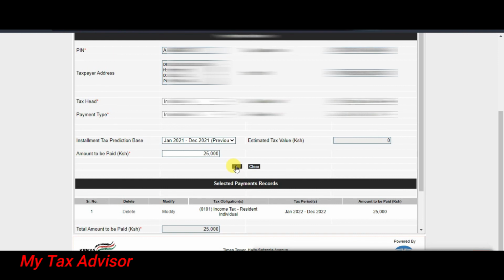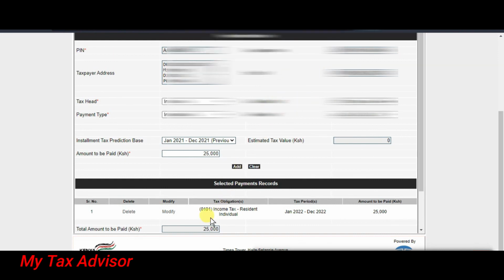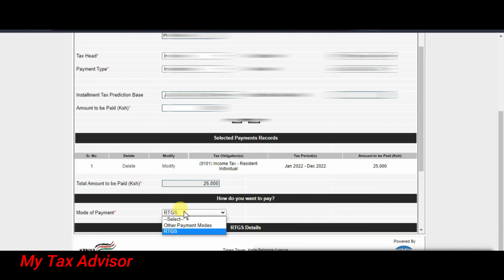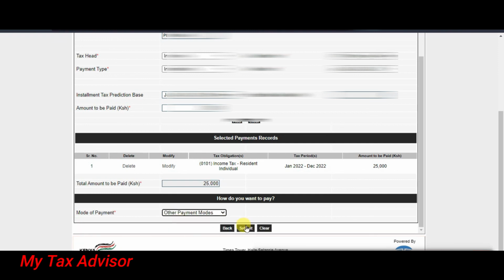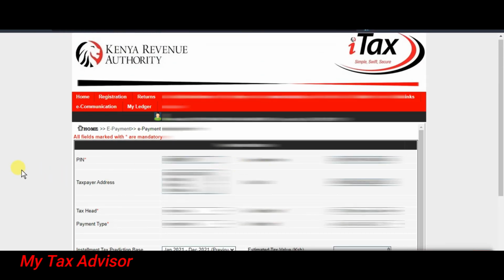And then you can add it, and then it's just gonna appear here as 25,000, right? And then you can again check how you want to pay for it, and then you can submit right here. And that's how you submit, and that's how you pay installment taxes.